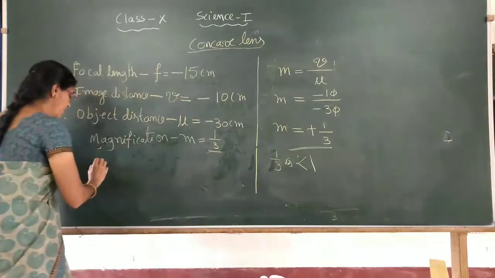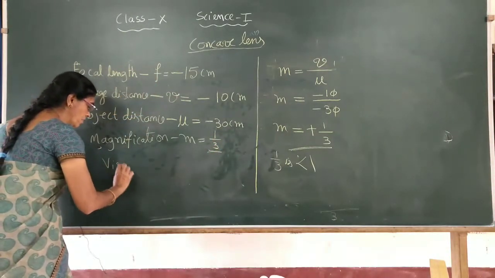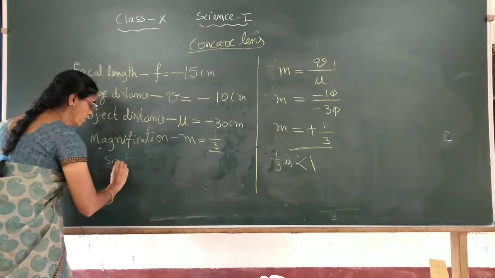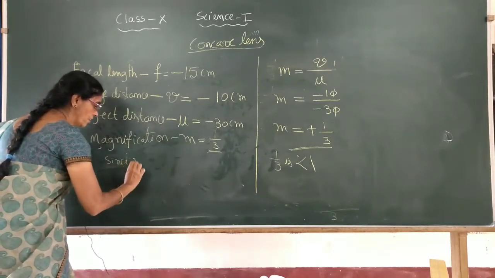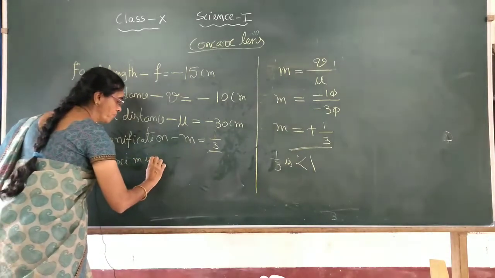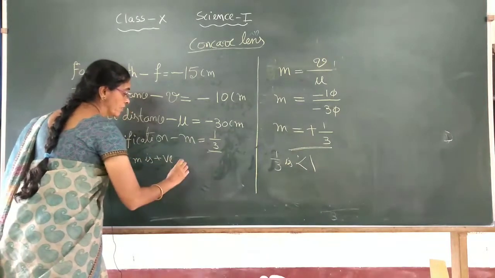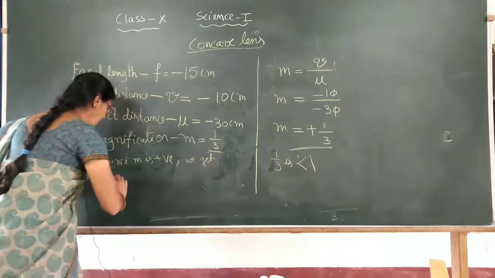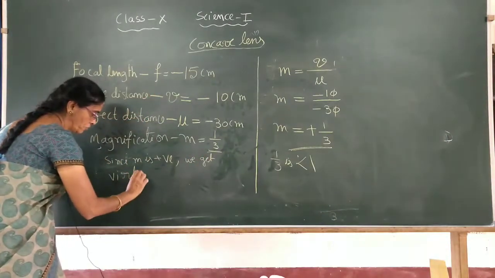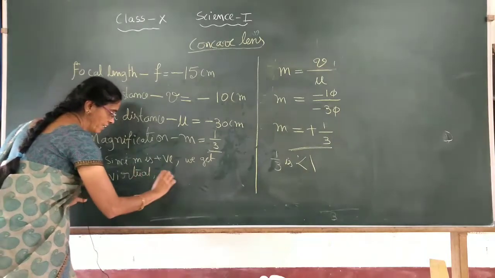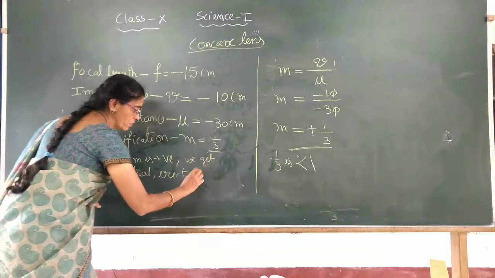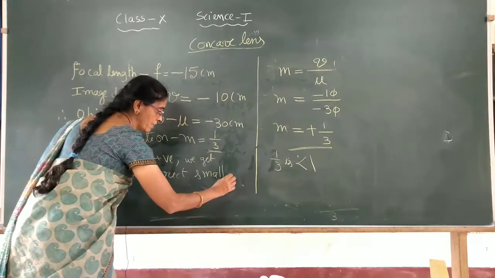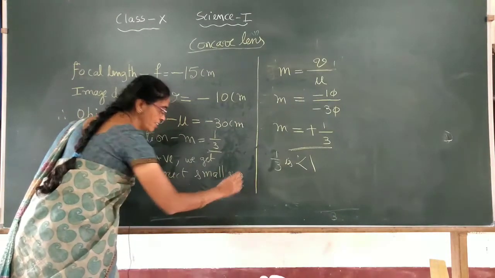So the image is a virtual image, since m is positive, we get virtual, erect, small size or diminished image.